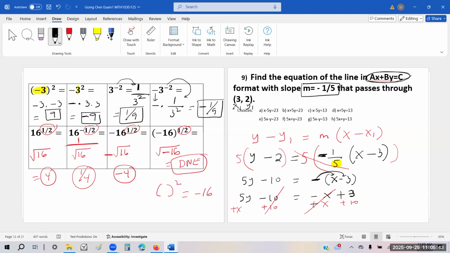So finally, we have x plus 5y equals, and what do you get on the other side? 13. Not 23, it's 13. So this is option number D. So you do the work correctly and then circle the correct option. This is what you're supposed to do.